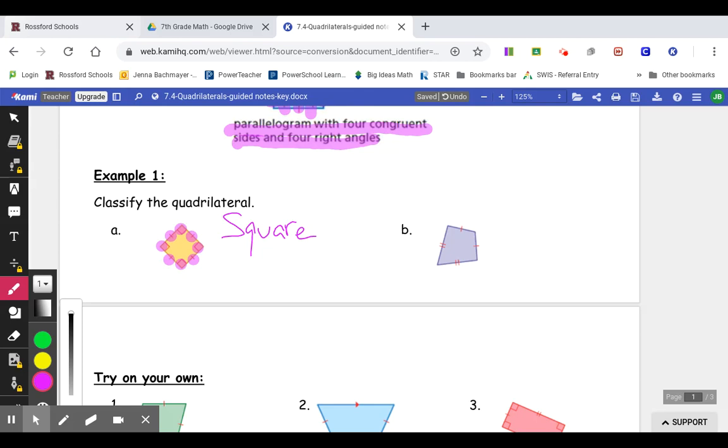So we have this and this being adjacent, and this and this being adjacent, and those are both sets that are congruent to each other. So that would be identified as a kite. All right, go ahead and pause the video and try the next 3 on your own.